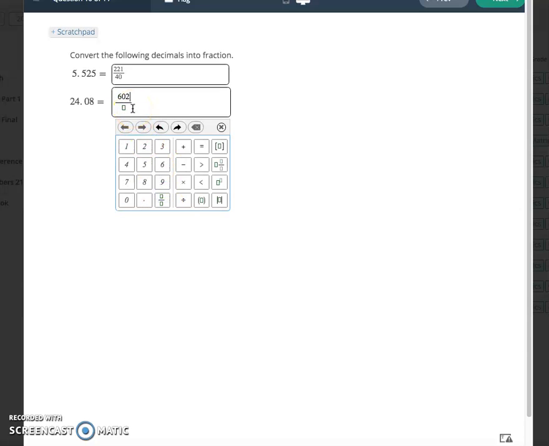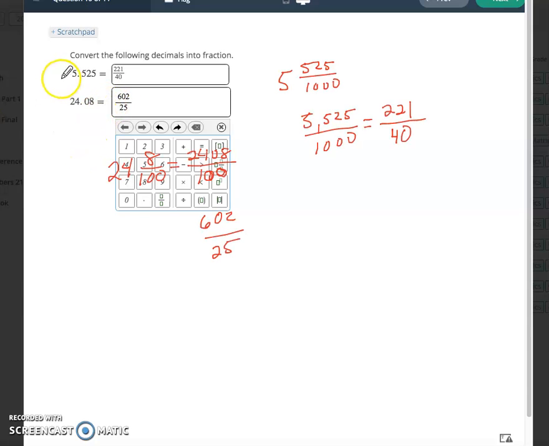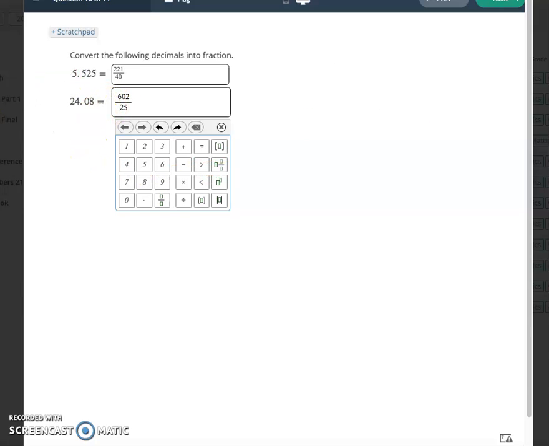So 602 over 25. And before we go, just keep something in mind here. For this first one, remember we did 5.525. What I could have done is write that as 5 and 525 thousandths and reduce the fraction part first. 25 goes into 525 21 times, and 25 goes into 1,000 40 times.